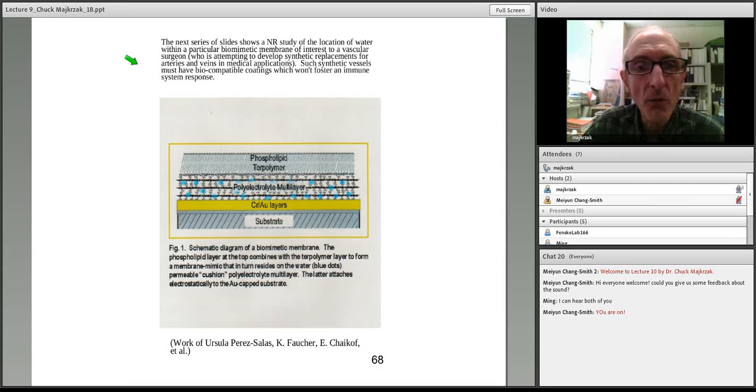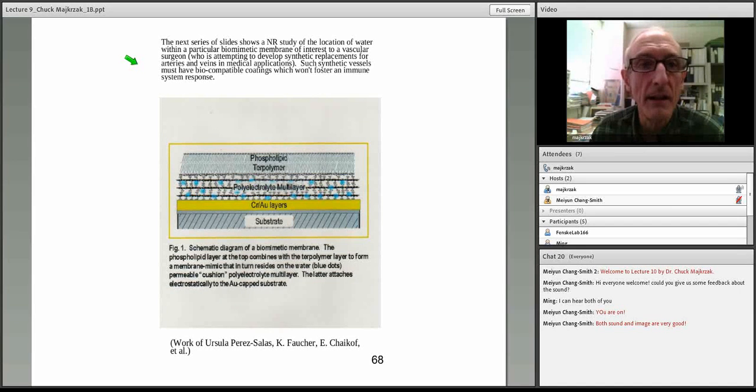So one of the requirements in developing these artificial vessels is to come up with a coating, a lining that doesn't promote scar tissue, doesn't get rejected, and so forth. And one of the issues concerned how the water component is distributed throughout these layers.